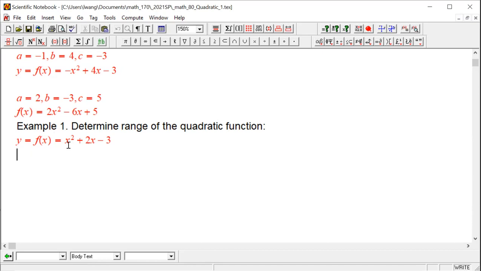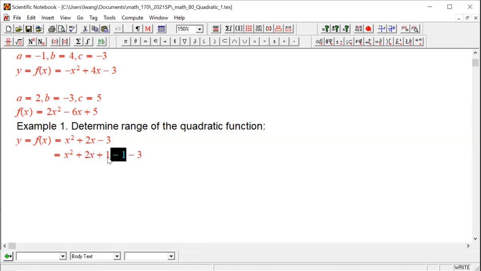One of the things we do is a technique called completing the square. What we do is keep this equal, and we're going to add 1 and subtract 1.